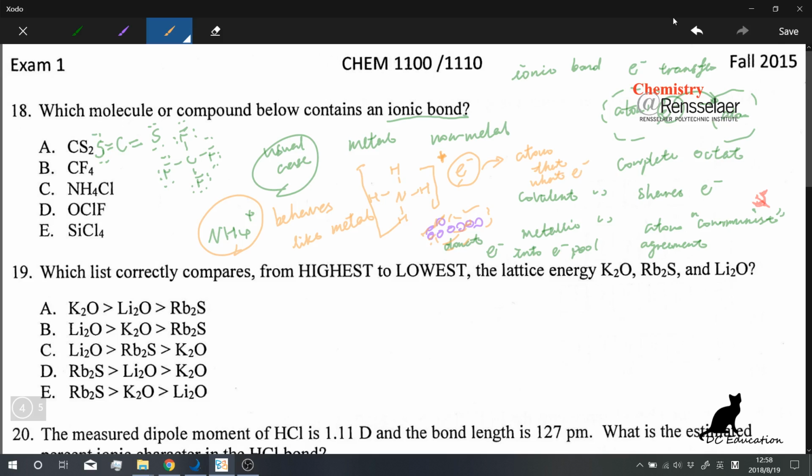So whenever you encounter ammonium, it will behave like a metal and form an ionic bond with the non-metal species.